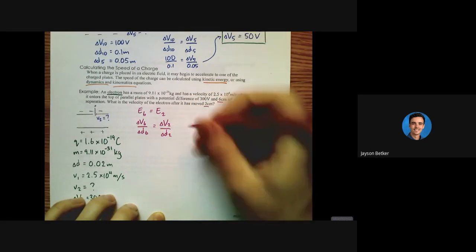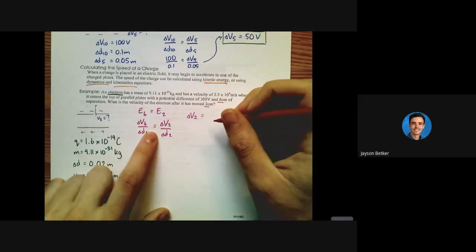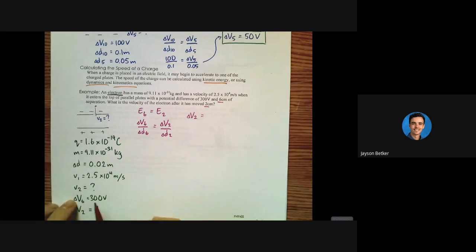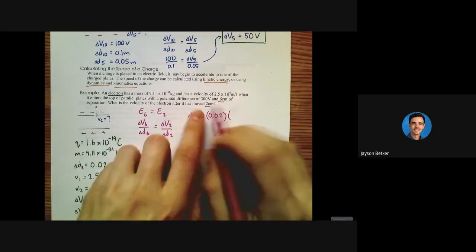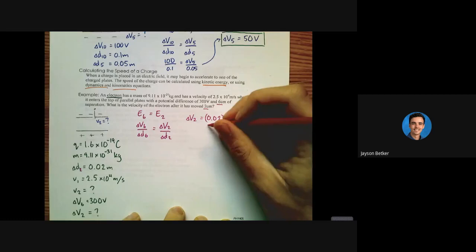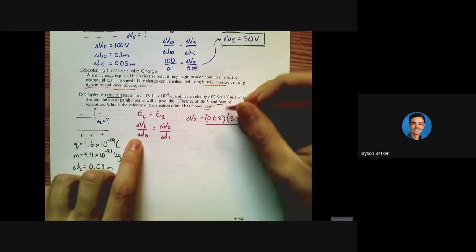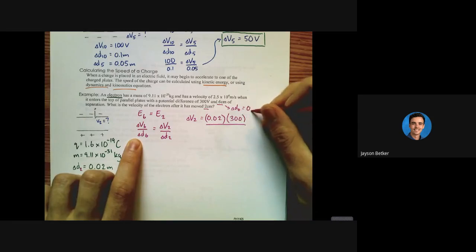And what that ends up giving us is delta V2 is equal to delta D2, which we said is 0.02 centimeters, times delta V6, which we've written down as 300 volts, and then over delta D6, which is 0.06 meters.